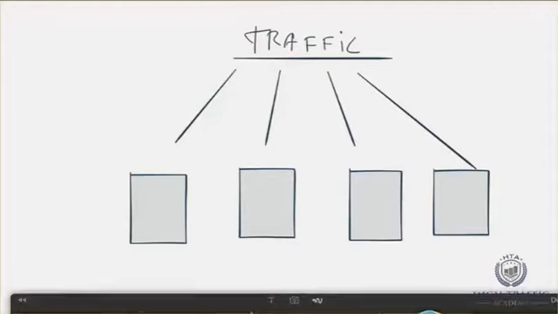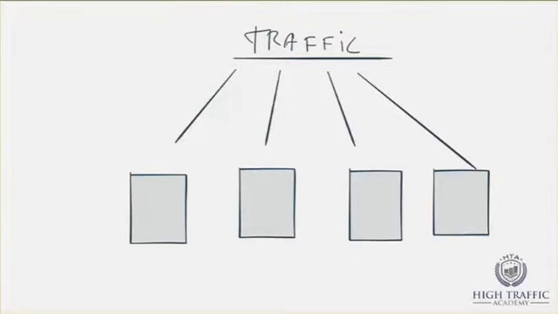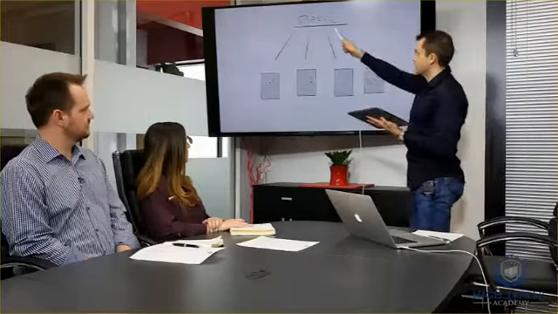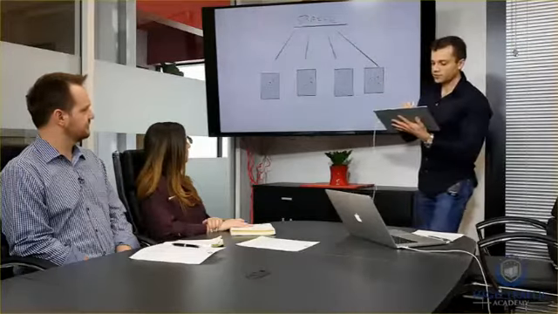How do I know, if this page converts at 18%, and this converts at 32%, this converts at 70%, and this converts at 40%, how do I split test if I have traffic from this traffic source?